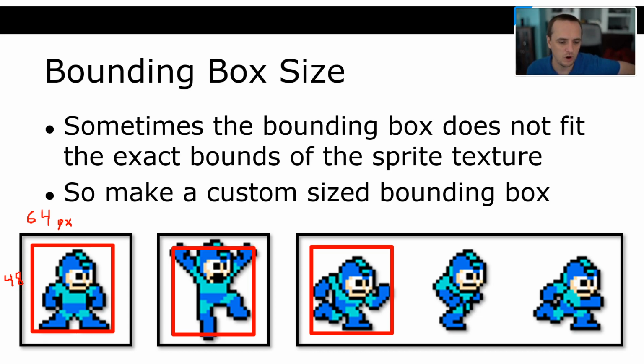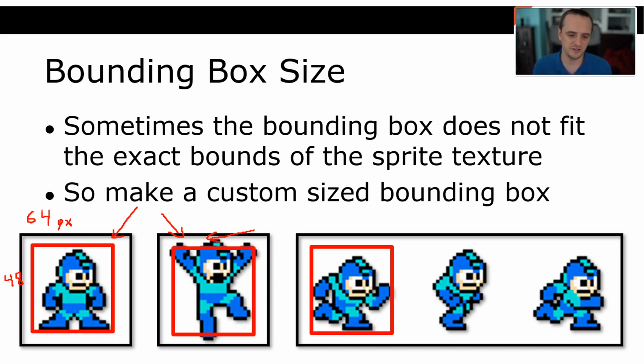So what will happen in the game is that this whole texture will be drawn, but only within the red bounding box will the collisions actually happen. So for example, if a bullet hits maybe the top couple of pixels of Mega Man, he won't end up dying. And that's because we've got a custom-sized bounding box, which is not necessarily the same size as the texture. So that's one of the use cases where we would want to do that.